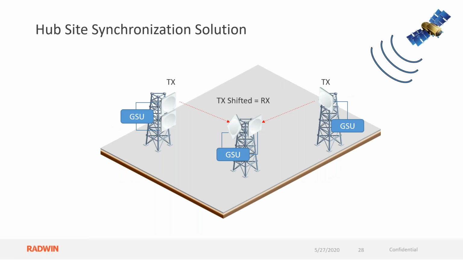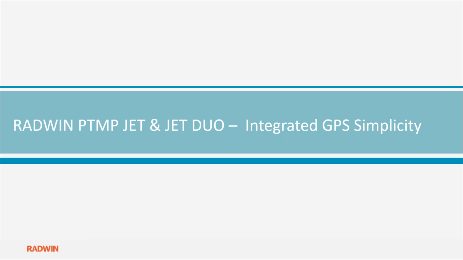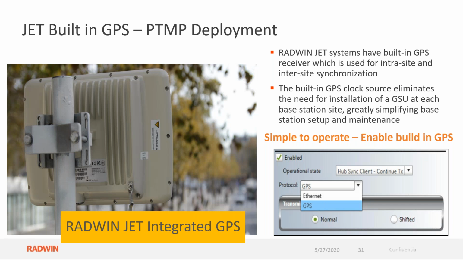Sometimes you need to shift the GPS clock in order to achieve harmony between TX and RX between towers. When you have a JET, it's easy to implement because you just need to enable it, and it is easy and simple to deploy.